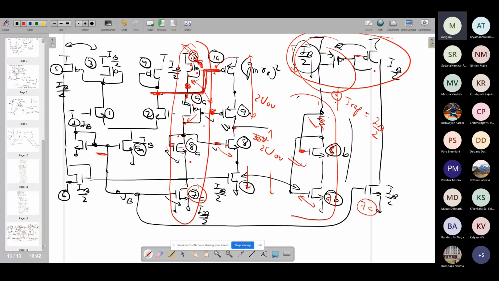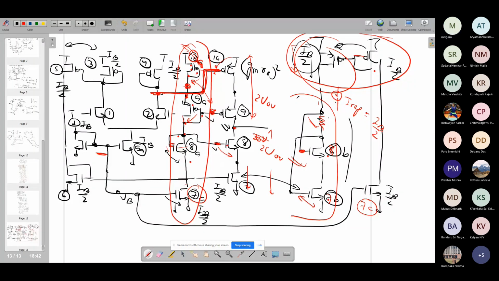So it will establish the required gate voltage for M9A so that it can support the same IB by 2, and that gate voltage is appropriate for biasing the M9 of the output stage, because ultimately it is also supporting the same IB by 2, and it is also having a similar source voltage as the reference branch.